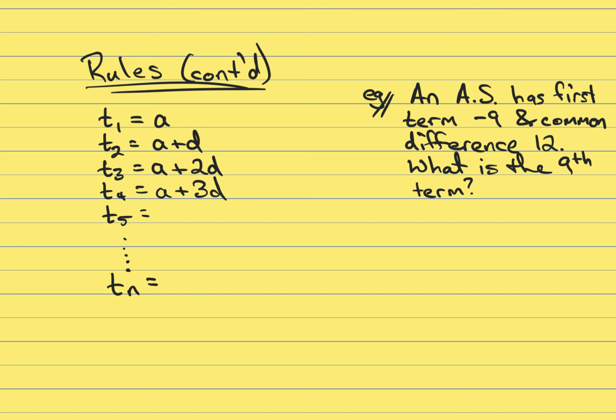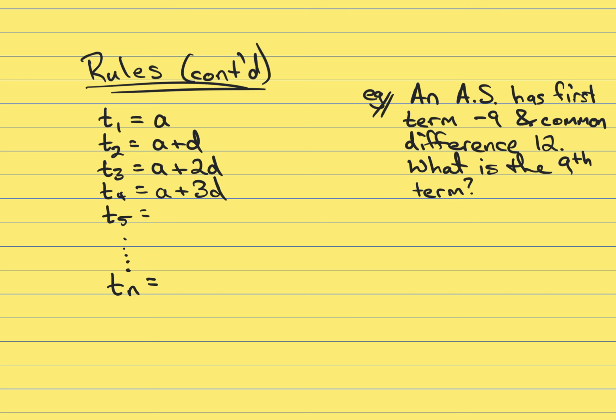A more general rule you can get to is one where you don't actually need to know the very previous or the very preceding term. Okay, so if I just wanted to know any old term in a sequence at all, like the millionth, for example, I don't want to go through having to figure out 999,999 other terms. So we want a more general rule. And we can figure one out using the ideas that I've got on this page.